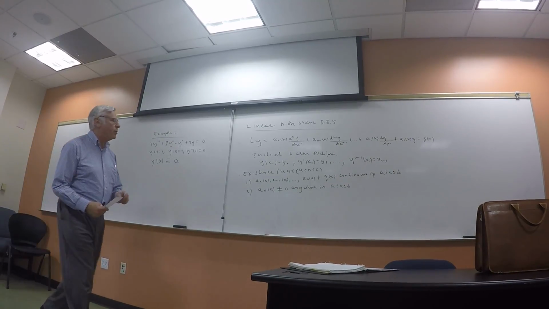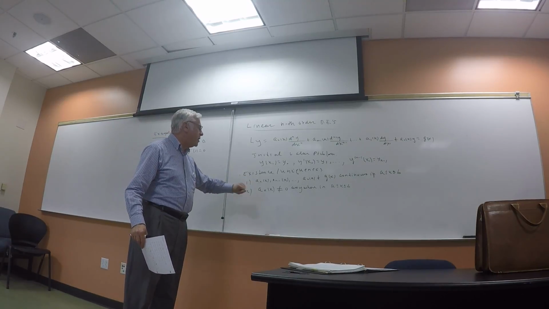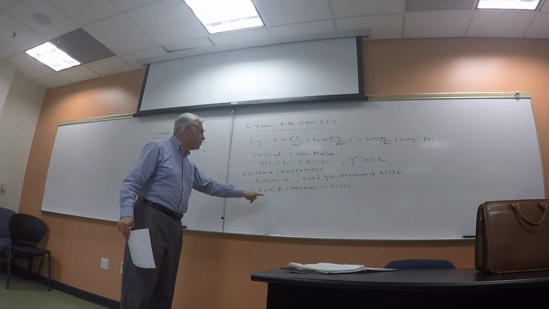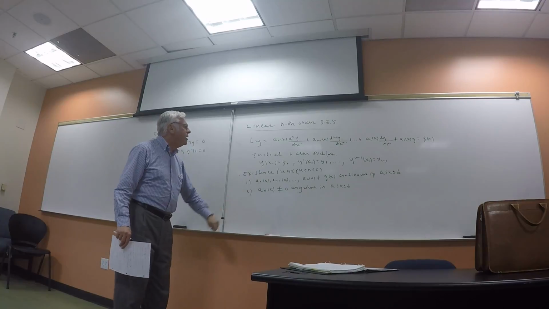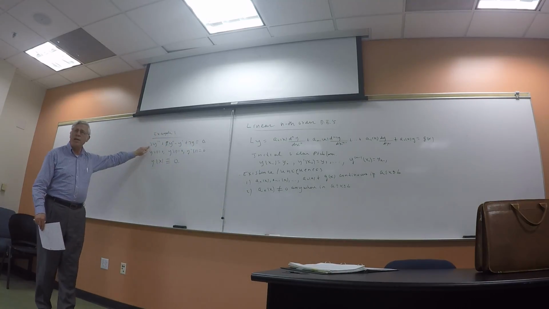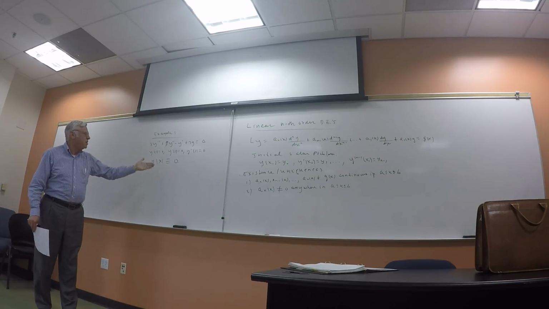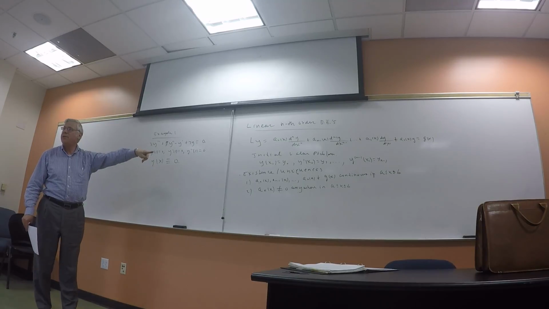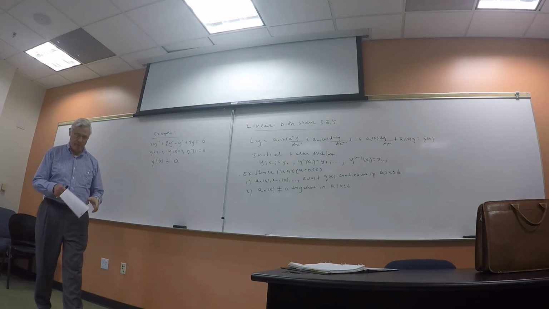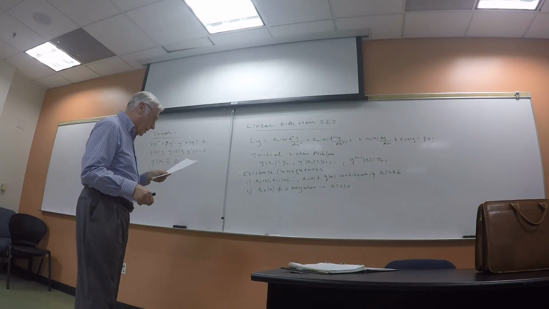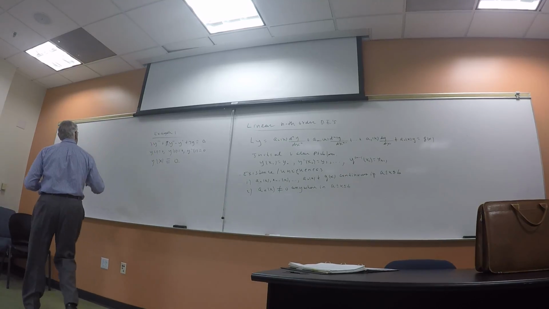By this theorem, because all the conditions are met, the coefficients are continuous, and what's our a_n of x in this case? It's the coefficient of the highest derivative, which is 3. 3 never vanishes anywhere. So therefore, you can just look at this and say, yeah, zero is a solution, and it's the only solution, because we have that theorem to apply. Rather trivial. Let's go to example number 2.